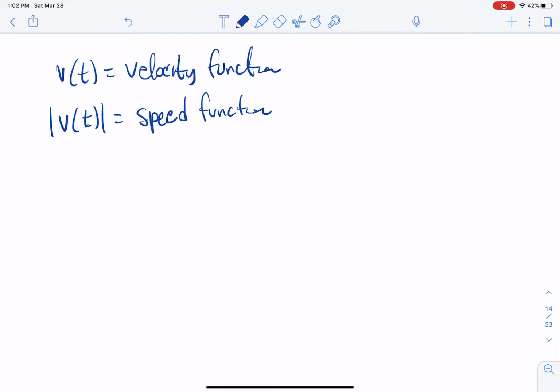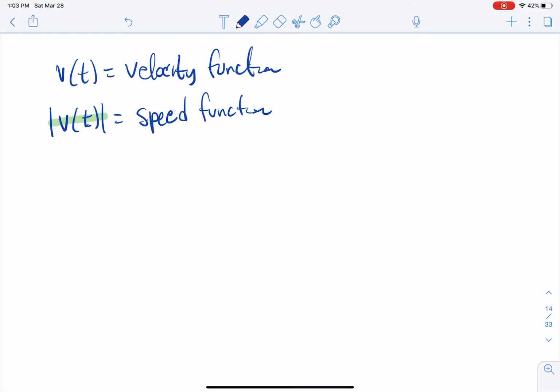Okay, and now what I want to do is take its derivative. Because if I wanted to see if this particular speed function is increasing or decreasing, we take its derivative and we see if it's positive or negative. We're not taking the derivative of the velocity, we're taking the derivative of this absolute value function, and that's not something that we commonly do.